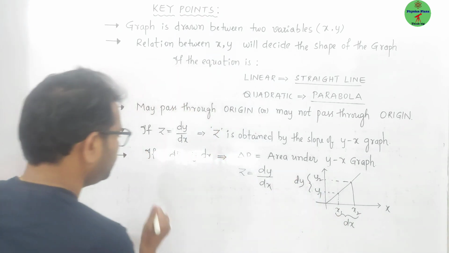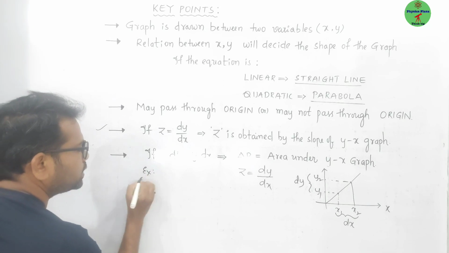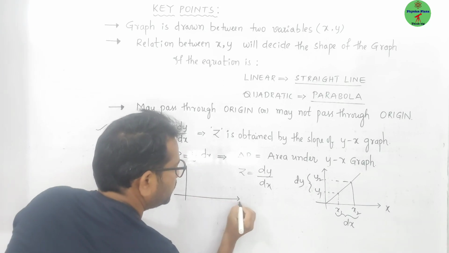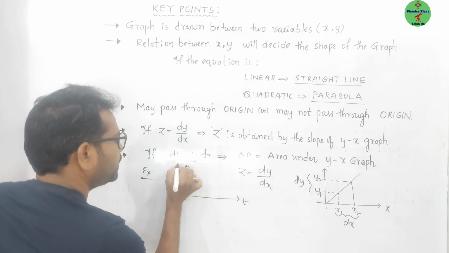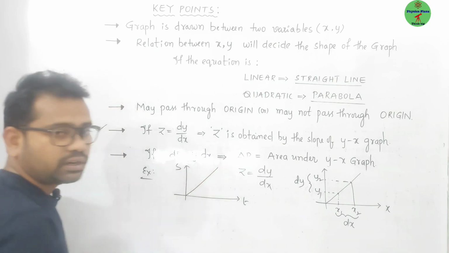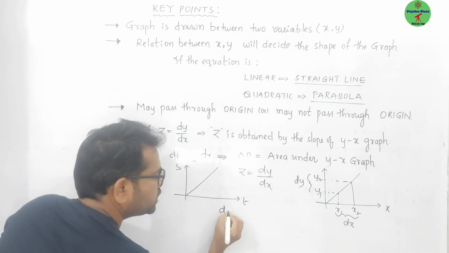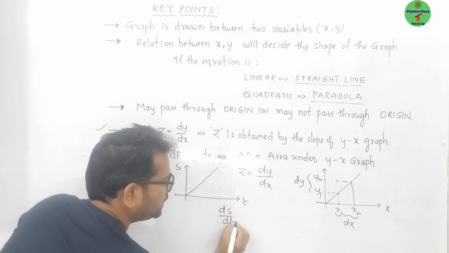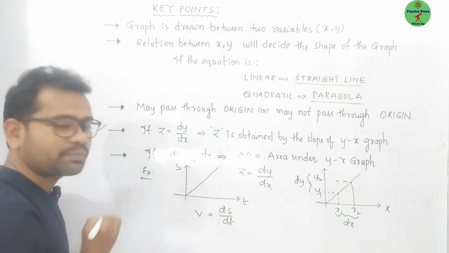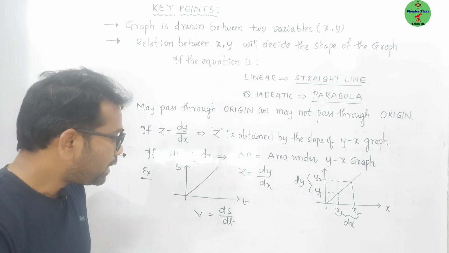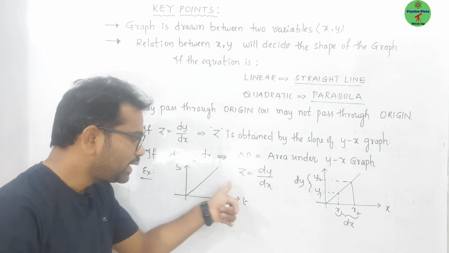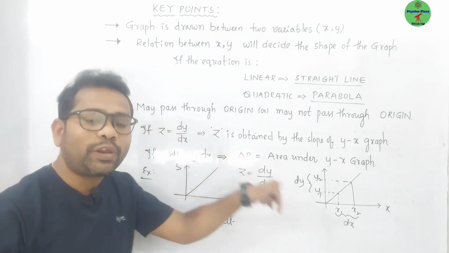Let me give you an example. For suppose, let us take time and displacement. Here is a graph, children. So the slope of this graph, ds by dt, gives you velocity. Means by finding the slope of the s-t graph, we can find the velocity.